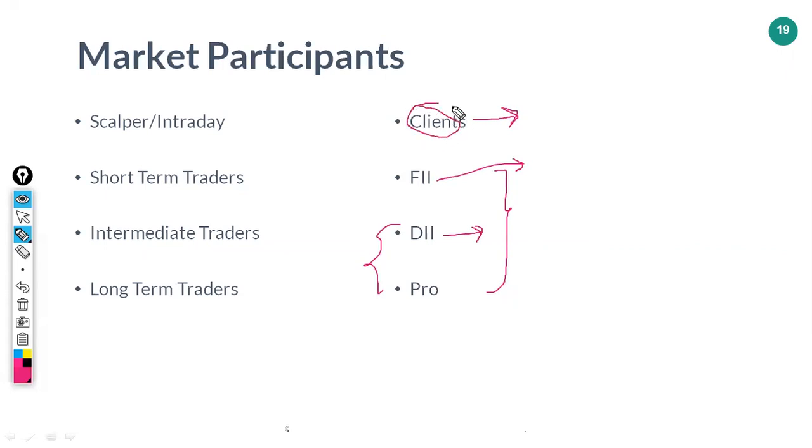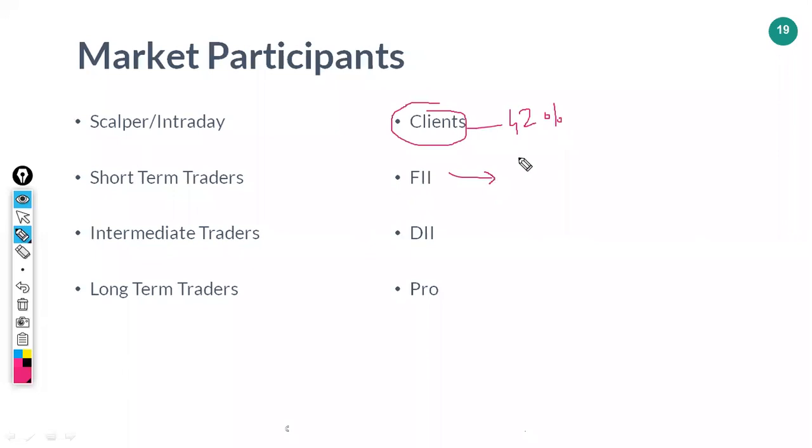And they are the top volume. They are actively holding a major open interest when it comes to index futures and Bank Nifty. In index futures like Nifty futures or Bank Nifty futures, clients hold mostly 42% of the open interest, whereas the FIs hold closely 32 to 34% of the open interest in Nifty and Bank Nifty. That means a greater fight happens between clients and FIs. DIs are very less. Their dominance in Nifty futures and Bank Nifty futures is only 8%.